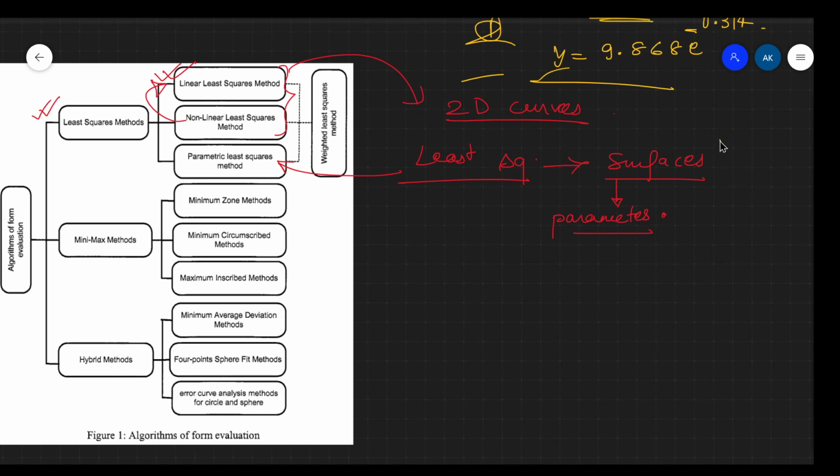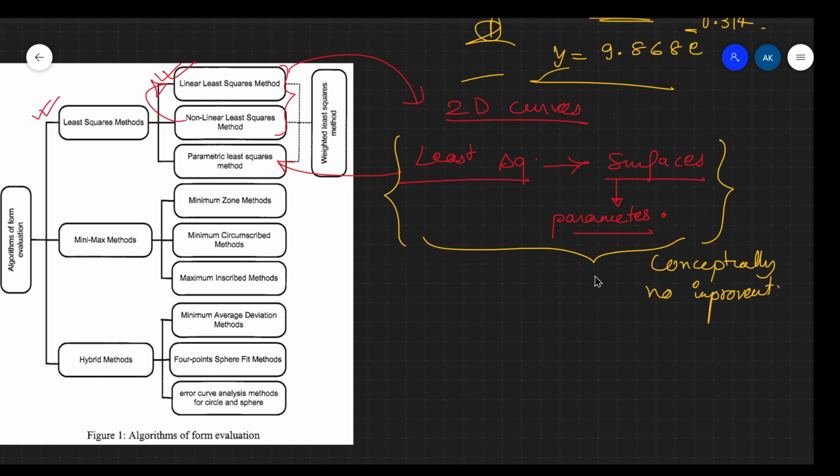Fine. So this is just more calculation of the above thing. Conceptually there is no improvement in this. Asking a question from this area will just take more sweat, but no such intellectual addition.